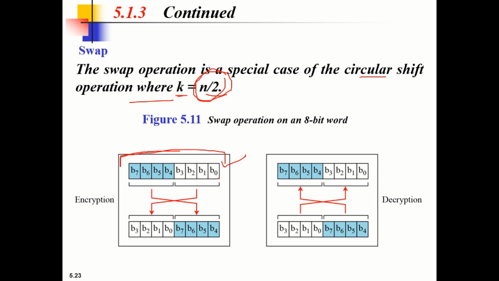Here you can see B0 to B3 are at the left position. After performing the swap operation, they are at the right position, and these 4 bits, which were initially at the right, are now at the left. At the decrypting end we just reverse the process: the bits at the left are taken to the right, and the bits at the right are taken to the left. So this is the swap operation on an 8-bit word, right?